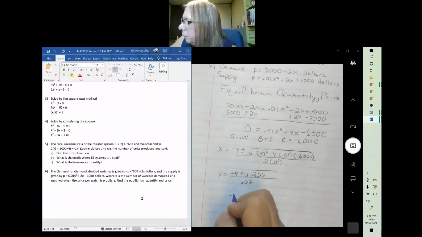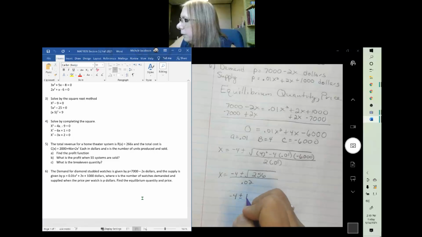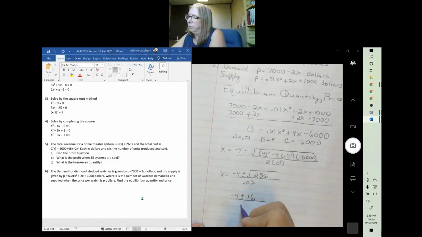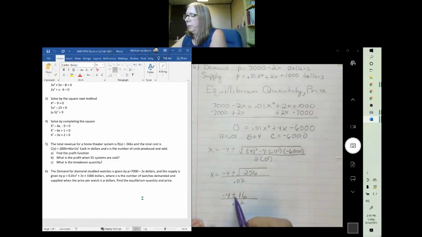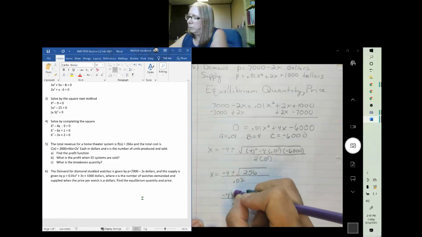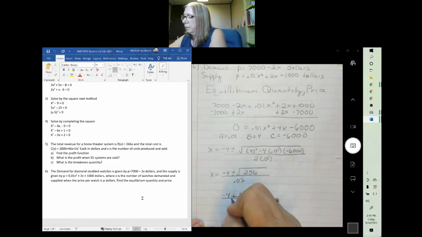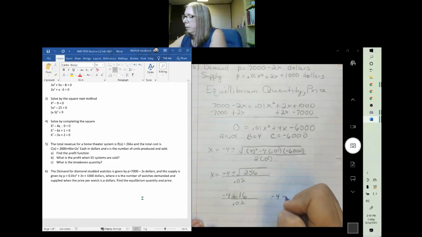The square root of 256 is 16, so negative 4 plus or minus 16 over 0.02. You do the plus and the minus at the same time. So this one I'm going to add, and this one I'm going to subtract.